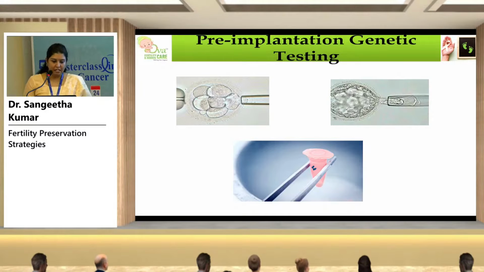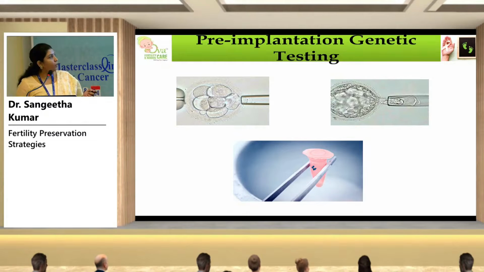Pre-implantation genetic testing. Again, the embryo biopsy can be done in a day 3 stage embryo or in blastocyst. But we prefer to do it in blastocyst because we get more cells, and even the genetic lab prefers to have more cells rather than 2 cells. In case of day 3, we biopsy only 2 cells, so very few cells, and there are also high chances of mosaicism.